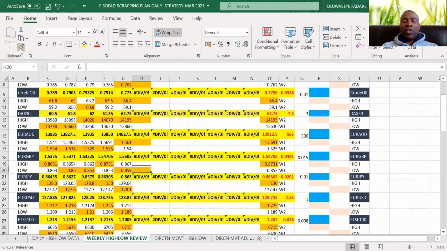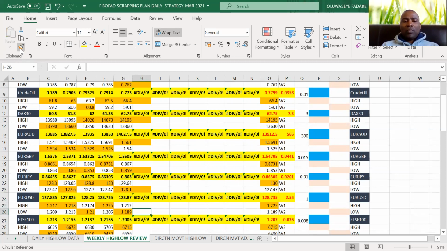Although I'm choosing the low for now, if it's going to go higher, it can still go higher for the next. Once it goes higher for week 3, then week 4, week 5 will be a high trend, and our lowest for the month will be the week 1 position. Same thing with Euro Japan yen. Our highest was achieved in week 1.